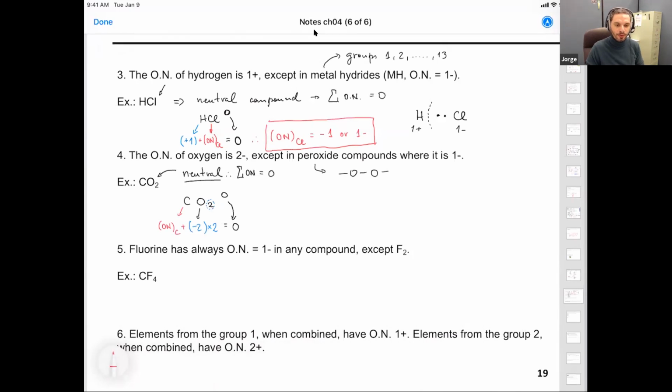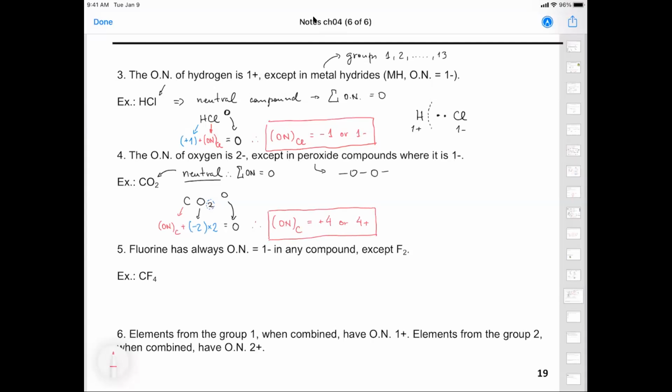The compound is neutral, therefore the oxidation number of the carbon plus 2 times the oxidation number for the oxygen has to equal 0. Therefore, the only possibility for the oxidation number of the carbon is +4, or 4 plus. Whatever you want to use to indicate the oxidation number is fine with me.